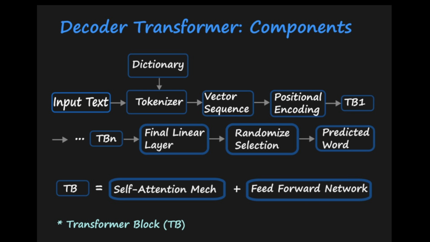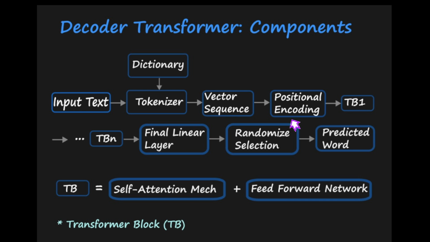And then positional encoding. Each vector is encoded with a position. For example, for the sentence, "The cat sat on a mat," the first word is "the." Cat is the second word, and so on. It's required that you provide a positional encoding, because it's not a sequential network.